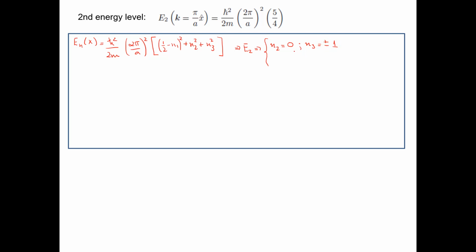Two different possibilities. But I can also have n3 equals 0 and n2 equals plus or minus 1, right? And regardless of these four choices, I must combine that also with the two possibilities for n1. n1 is either equal to 0 or equal to plus 1, okay?